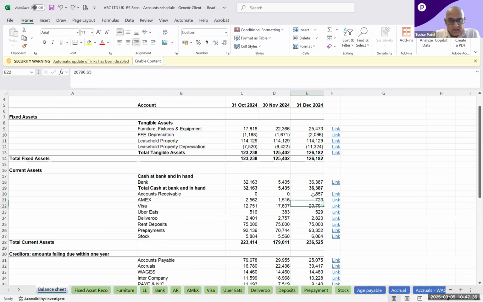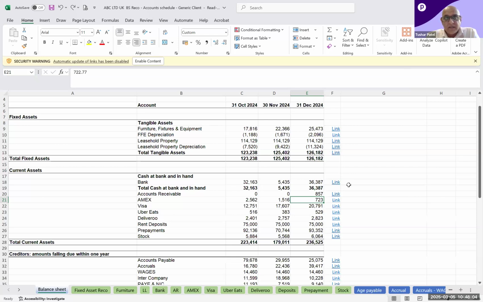Similarly, credit card amounts, as I said earlier. What happens with credit card amounts if your client has come in on the 31st of December, and they've been charged an amount via Amex or Visa or whoever it is, that amount is booked in your EPOS. It's booked as a sale because the diner has actually come in and had the service, but the amount is still pending from Amex.